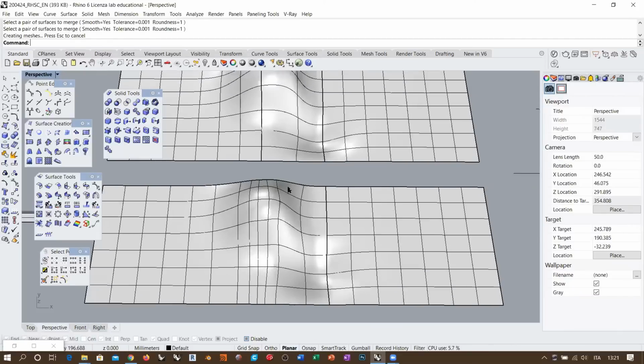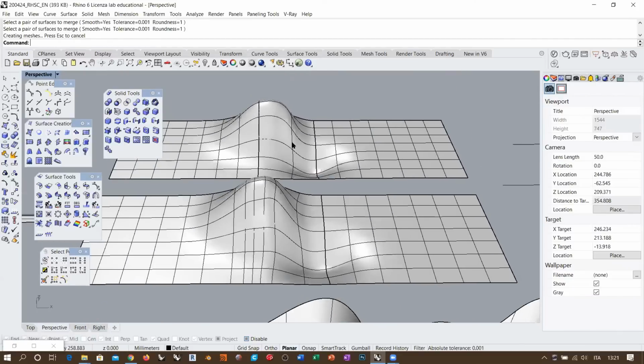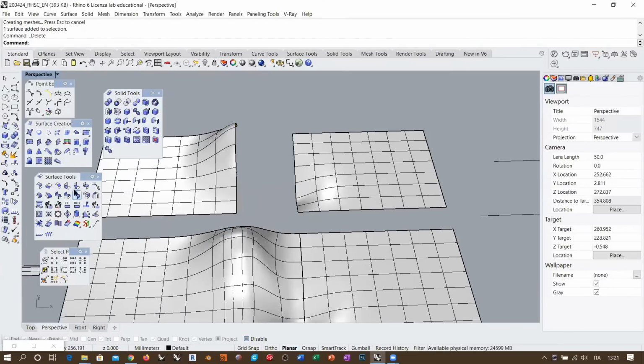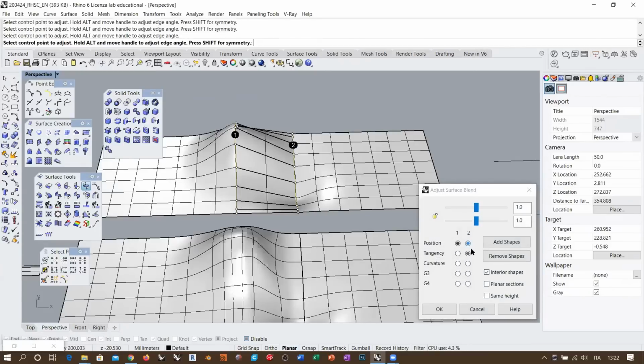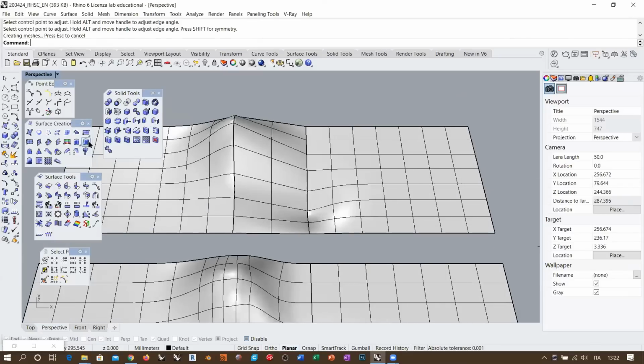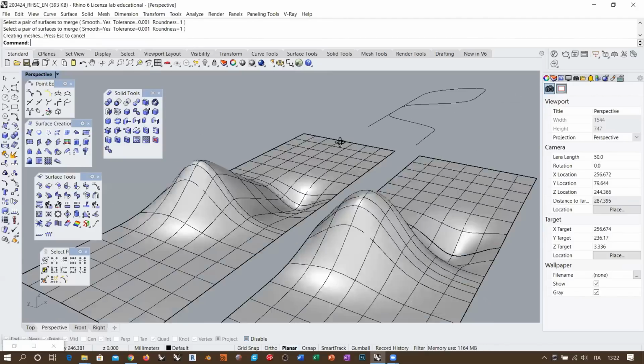Because, let's say that we do things in the worst possible way. We create, for example, a blend from here to here with position, and we get this. Now, you can still use the merge command in order to merge these two here and these two here and get to one single surface.